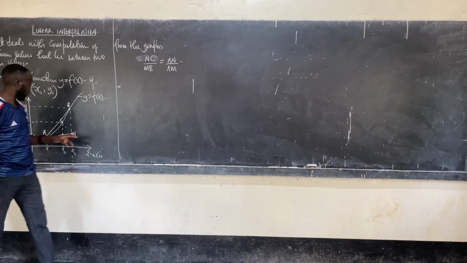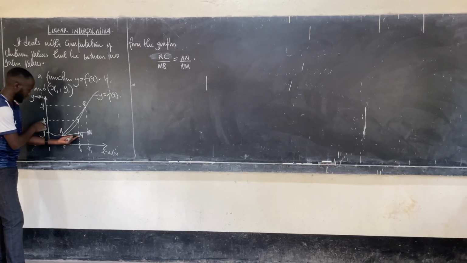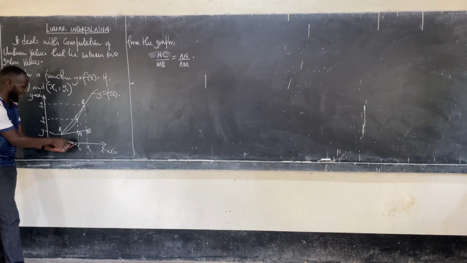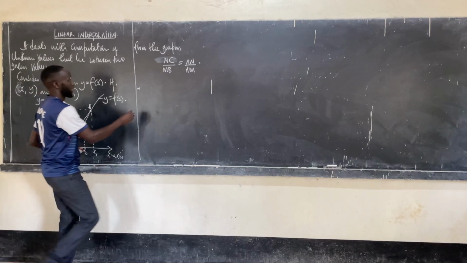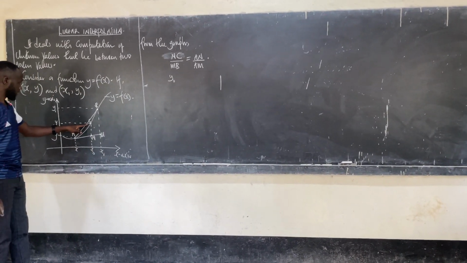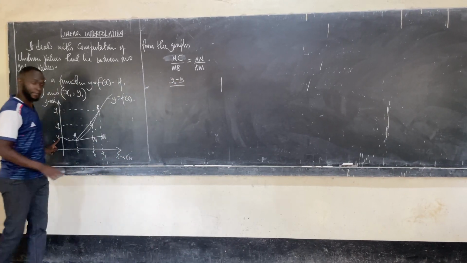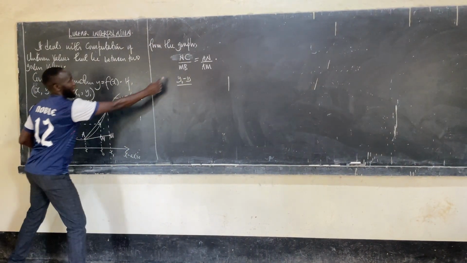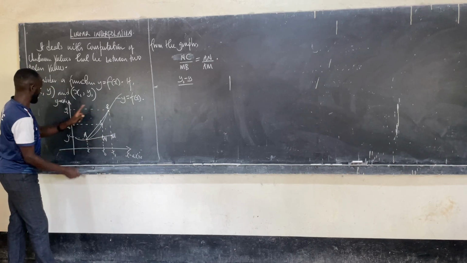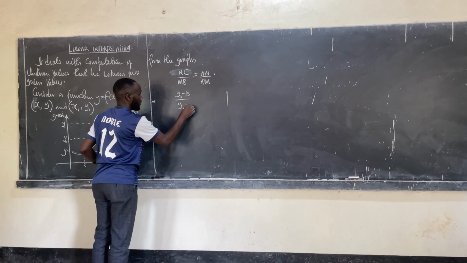When you look at the coordinates here, A and C, from N to C, C is y0 minus y. So you shall have y0 minus y, divided by MB, which is y1 minus y.